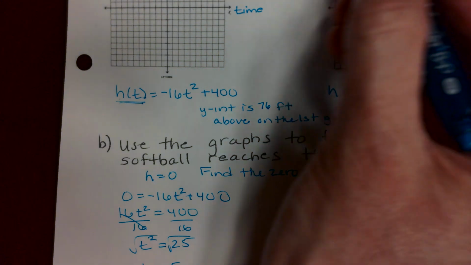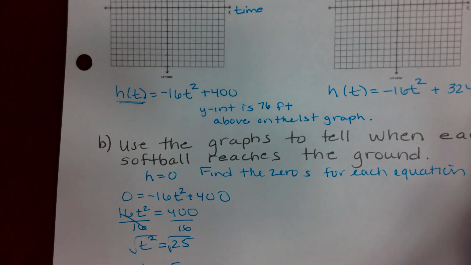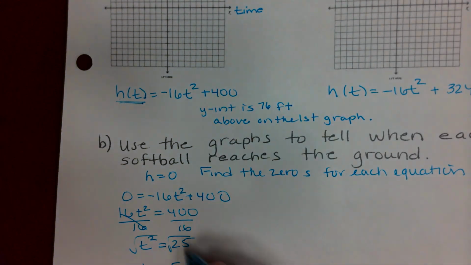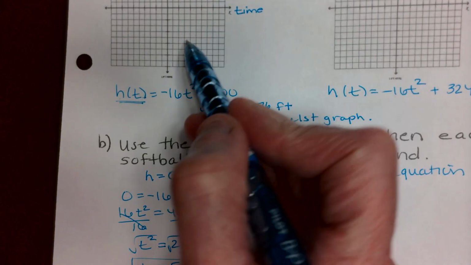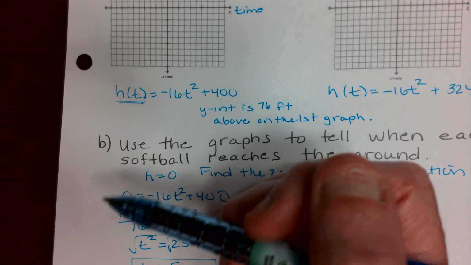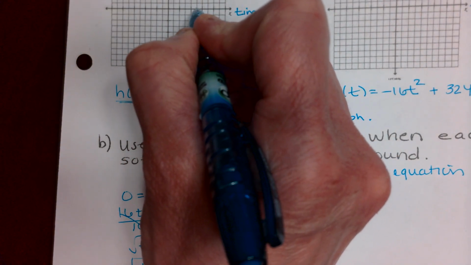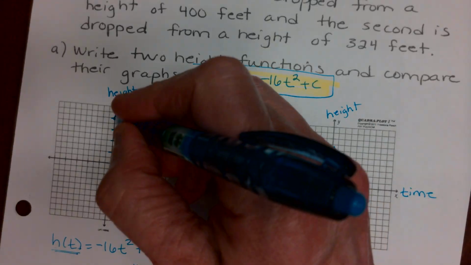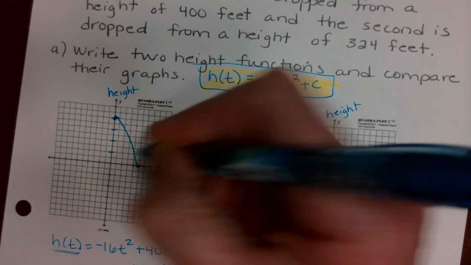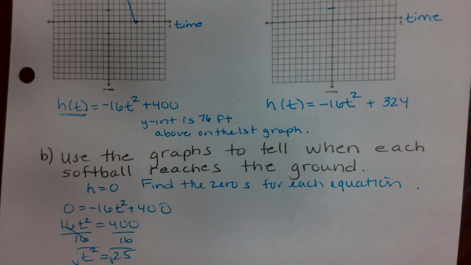What unit are we using? Seconds. There it is up on the top. So that one took 5 seconds to hit. So 1, 2, 3, 4, 5. There's your parabola coming into play right there.